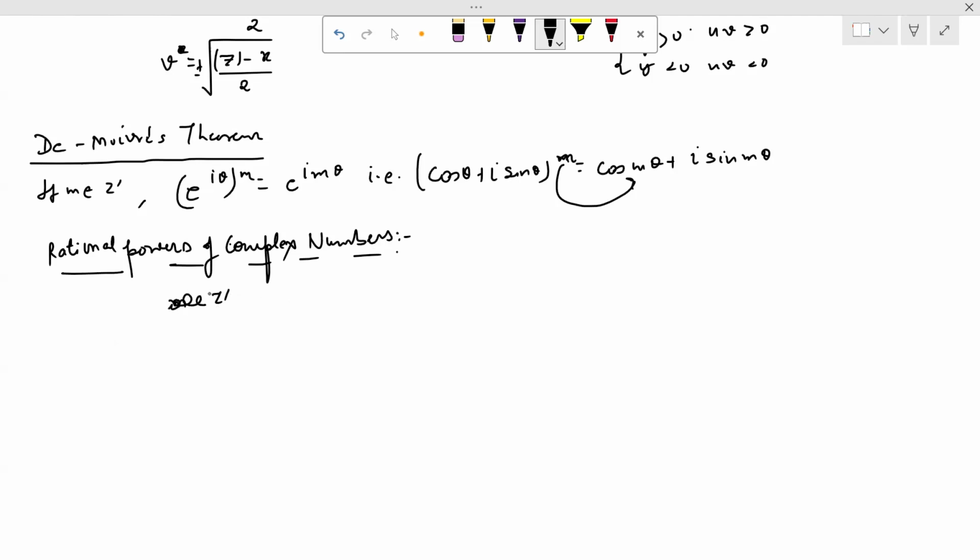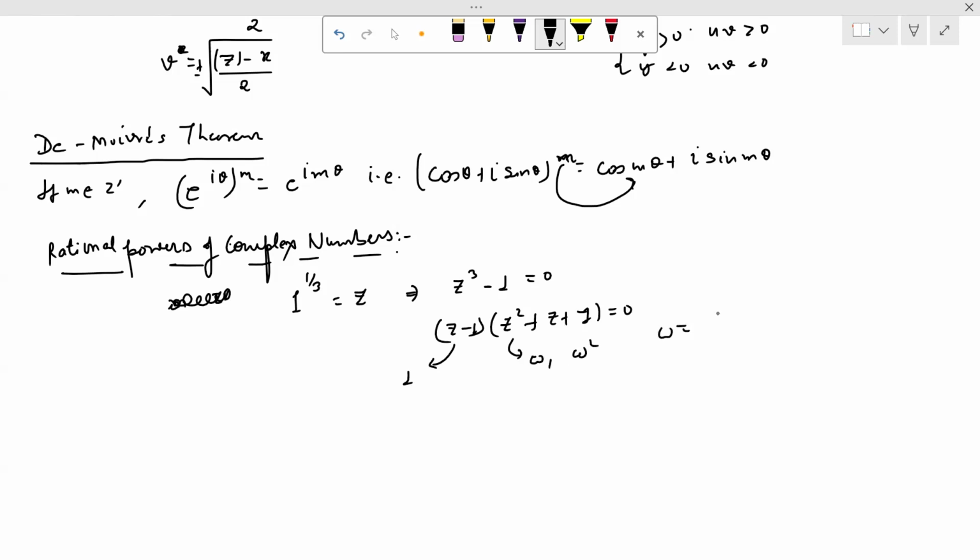Let us say that if we want to find some fractional power of a complex number, let's say I want to find the cube root of unity. It is equivalent to finding z cube minus 1 equal to 0. And it implies that I have to find (z minus 1)(z square plus z plus 1) equal to 0. The solution from here is 1. And the solutions from here are called omega and omega square.